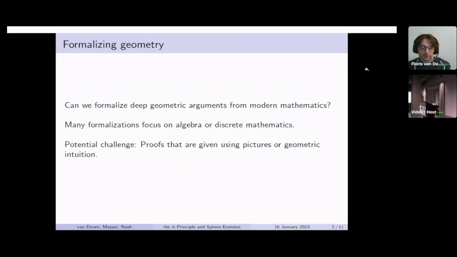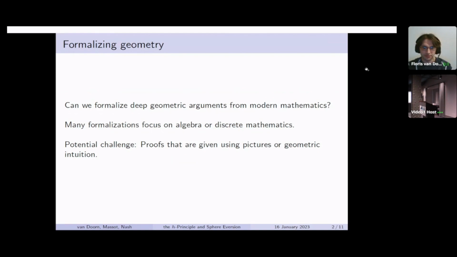So many formalizations of mathematical theorems focus on algebra or discrete mathematics. Not all of them. There are some geometric formalizations, but there is a significant focus on the more algebraic and discrete parts. And in this talk, I will present a very geometric proof.